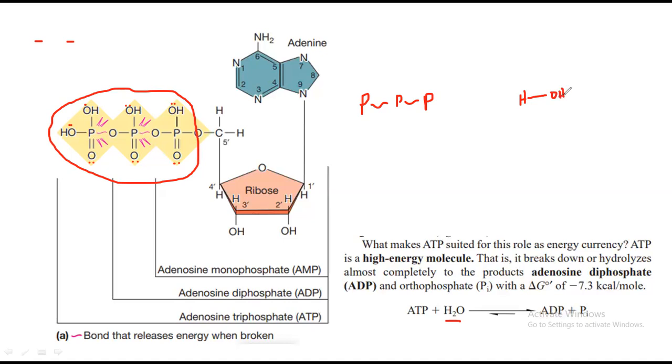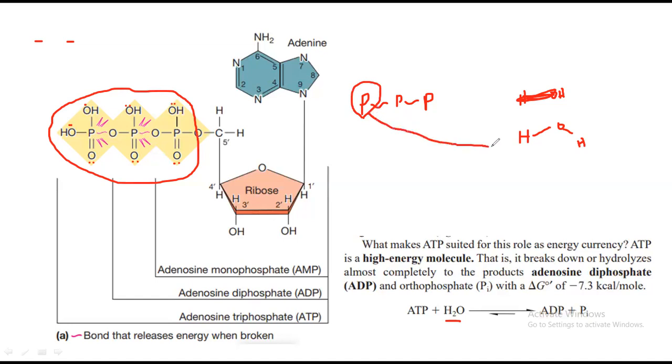Its structure is like this, but I will draw it like this. So this is a water molecule. Because of the high content of electrons, this ATP wants to give its phosphate to the water molecule in order to stabilize itself.